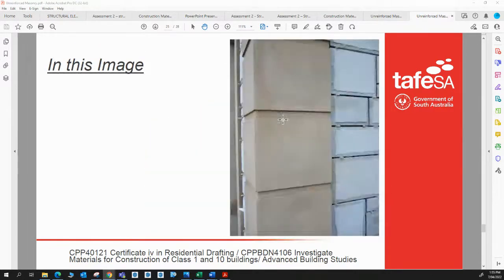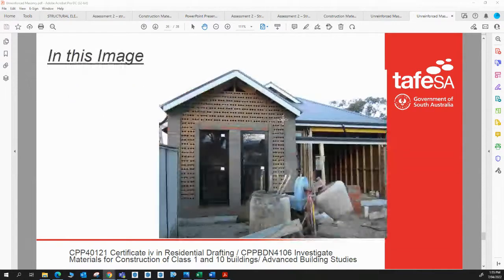And of course, if we scroll back down to this image here, we can see all that rough random brickwork used around these edges, because those are going to be rendered quoins. So it doesn't matter that the mortar is pointed or not. In fact, it works a little bit better if it's all quite rough, because it gives the render something to key to. But then also it doesn't matter what that substrate is behind it, because it won't be seen.